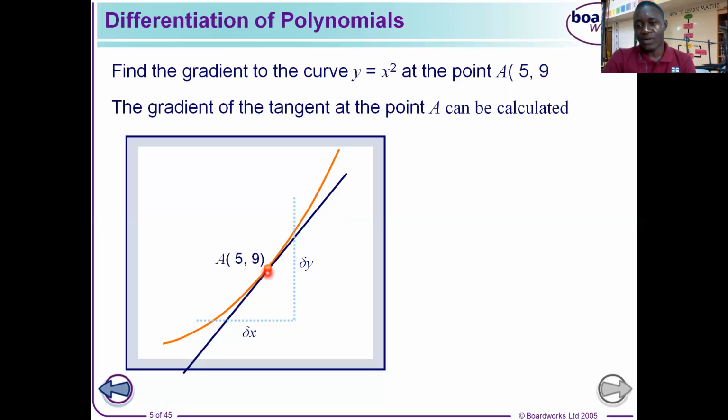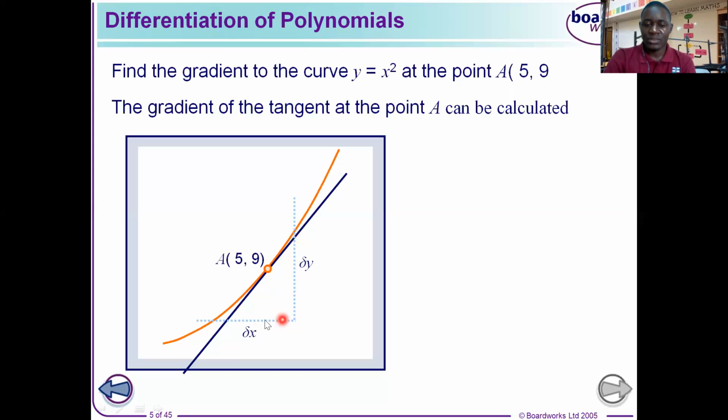So in this case we have the point 5, 9. And I said earlier that we have no interest in the y value. Our interest is solely on the x value, in this case, x equal to 5. So we draw the tangent against the curve at the point where x is 5, and then we complete the triangle.